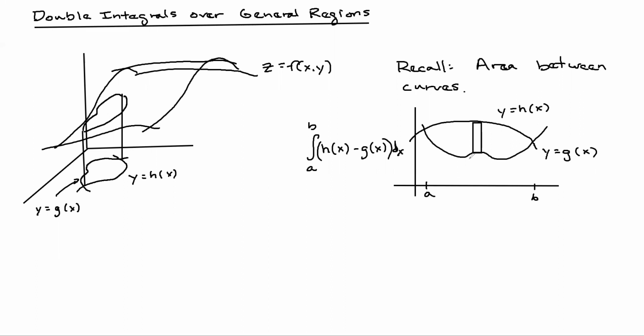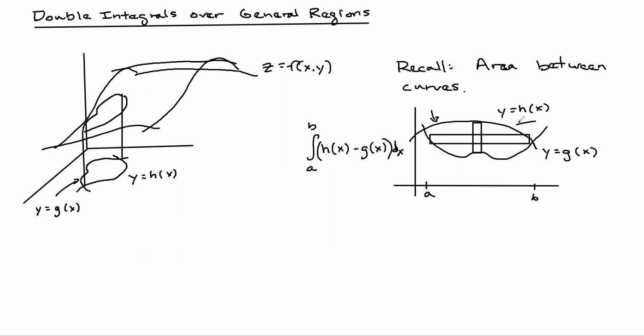The problem if you try to use horizontal strips is that you run into a bunch of issues. If you try to use a horizontal strip and move it up and down to add up the area, you have a different function on the right for part of it, and a different function on the left side.